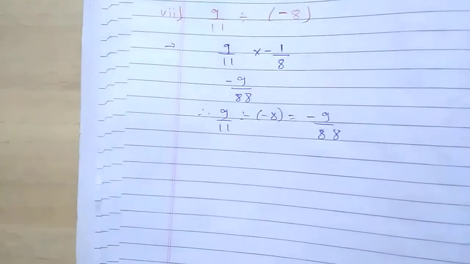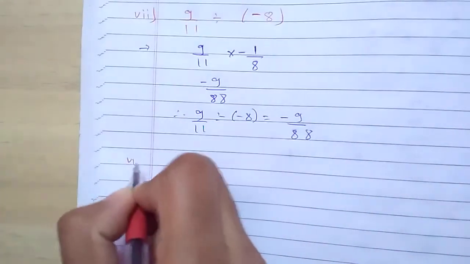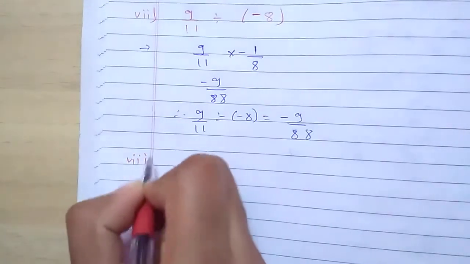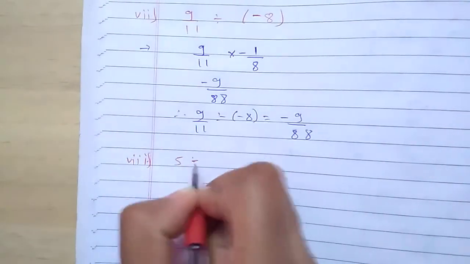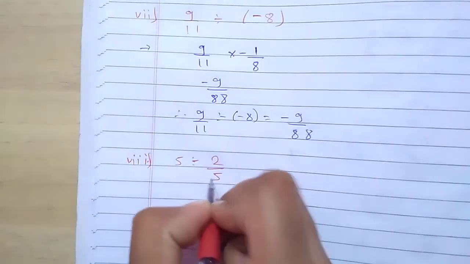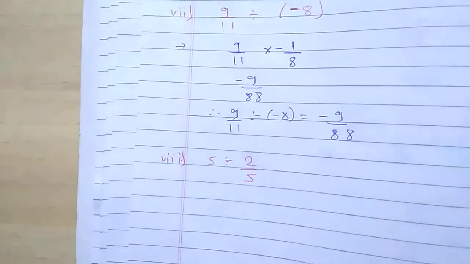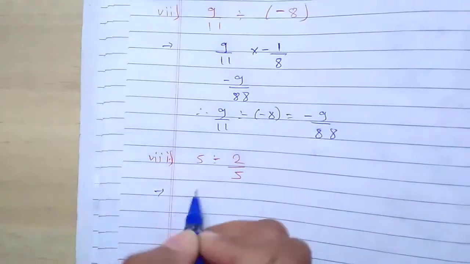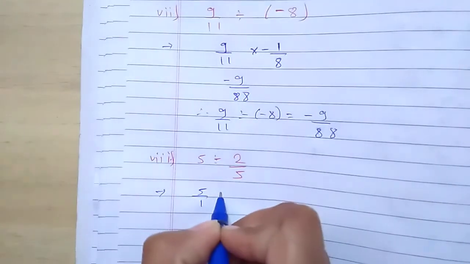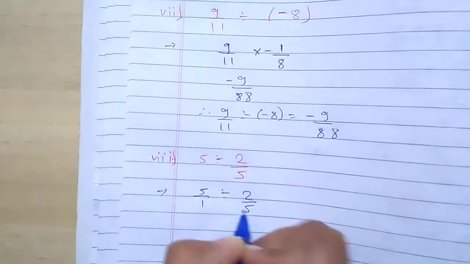Now the seventh one. No, it's the eighth one. 8 divided by 2 by 5. 5 means 5 by 1. Divide 2 by 5.